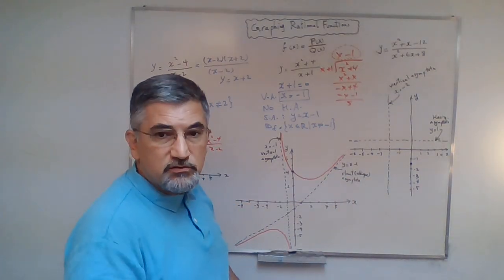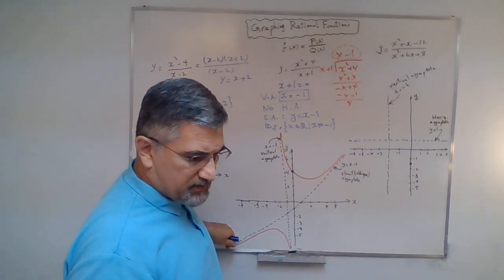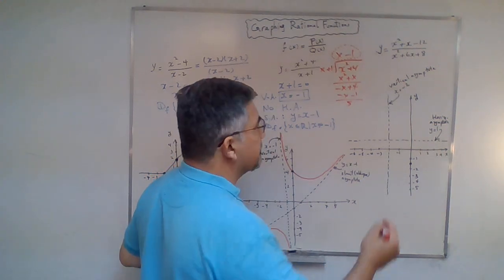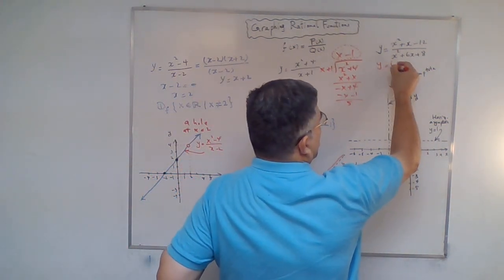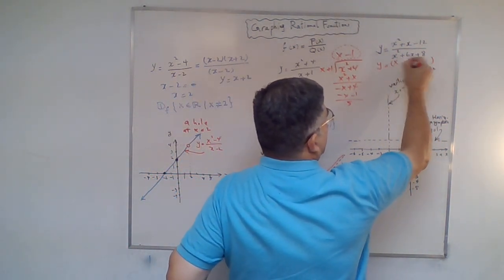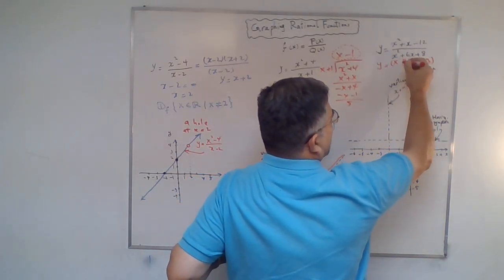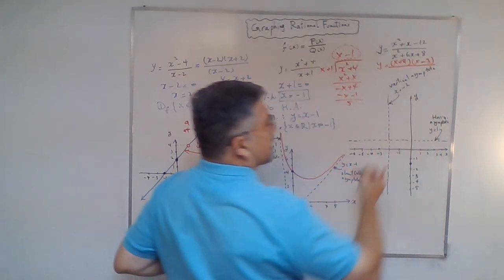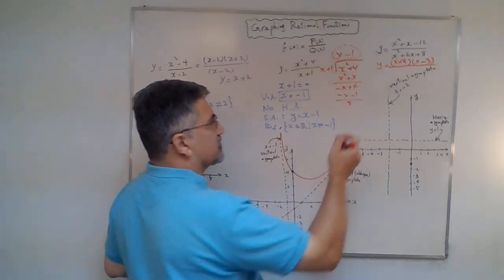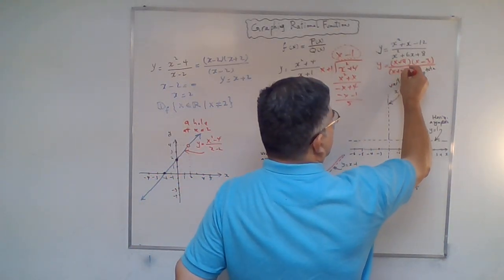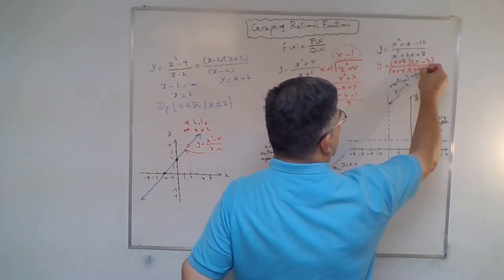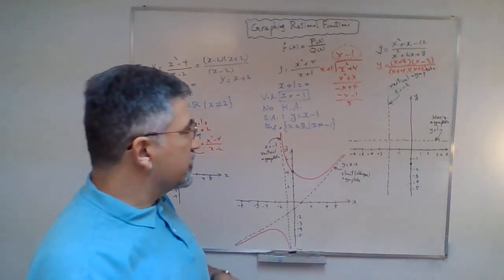So in this case, we'll try to factor the top and bottom and see what happens. If you factor the numerator, I think you get y equals two numbers that add up to 1 with a product of -12. I believe it's x plus 4 and x minus 3, and the denominator would be x plus 4 times x plus 2.